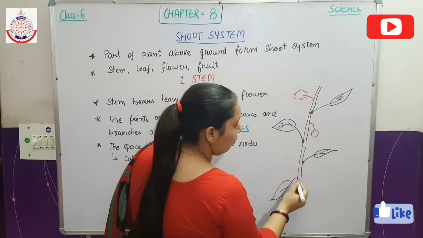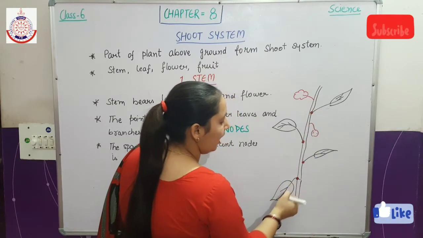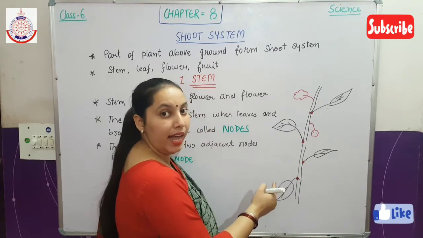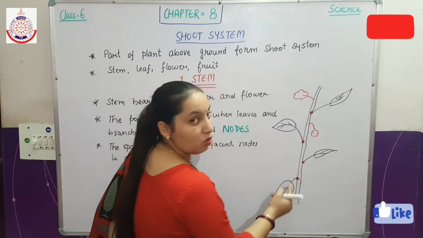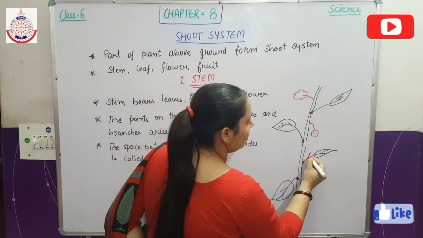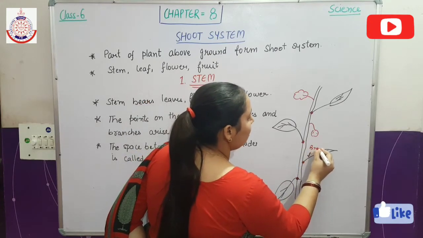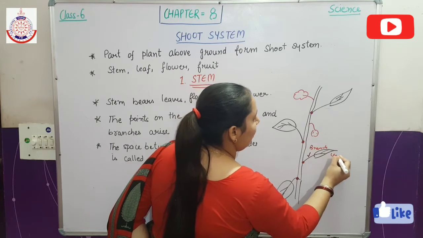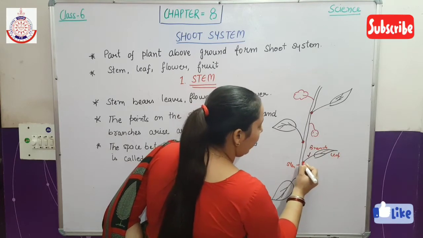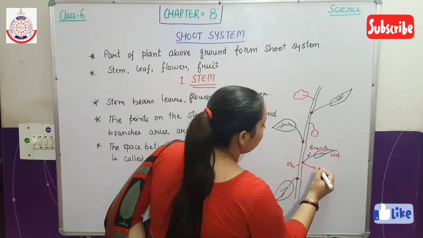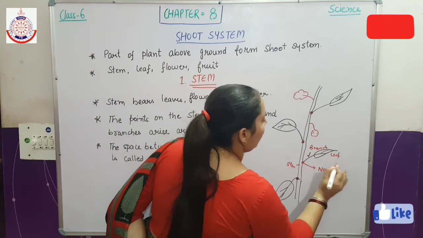These are the points where the leaf and the stem are joined with the help of a branch. This is a branch, this is the leaf and this is the stem, and that point is known as a node.